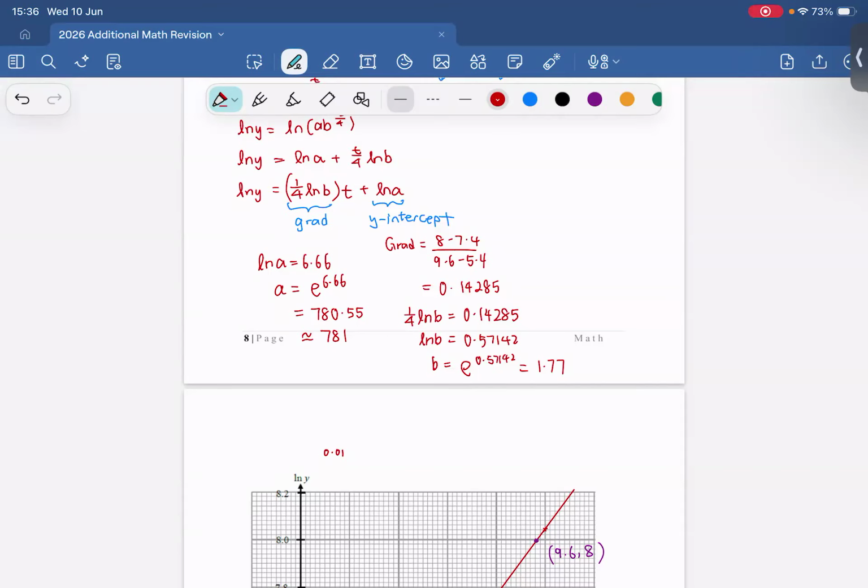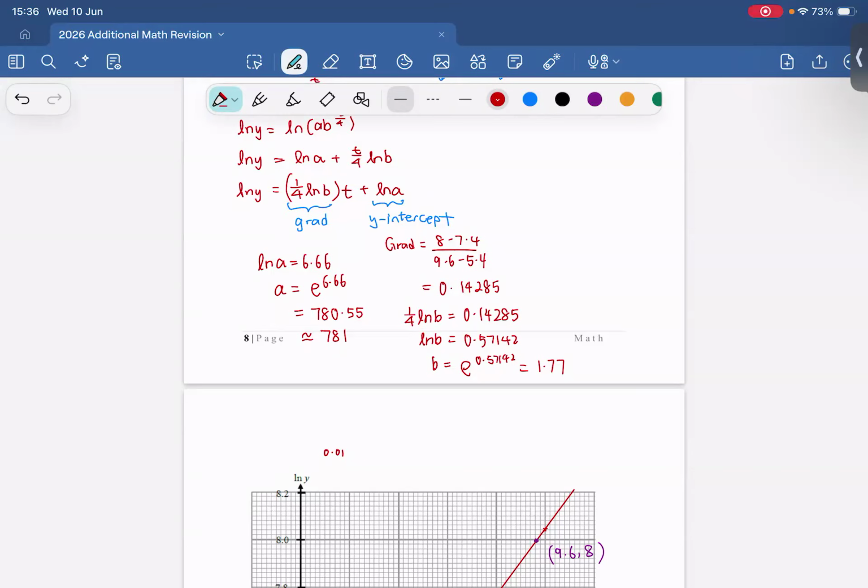Then you have to extend to see what is your y-intercept. Your y-intercept is what? You are just copying blindly, you know. You have to use your own graph to find your gradient, to find your y-intercept. You use my one for what? All the points should be your points, not my points.